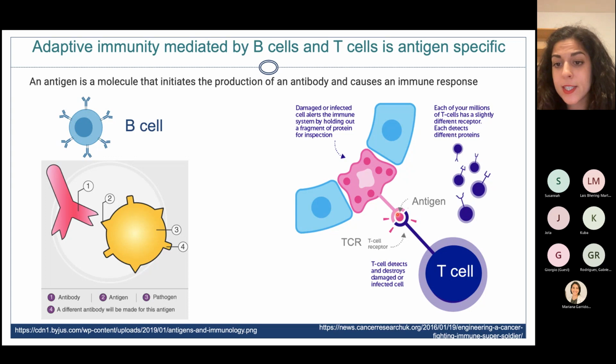And in this case, this specific antigen can also be sensed by the T cells that have the specific receptor called T cell receptor. So that's why we say that the adaptive immune response is highly specific, because these cells will only be effective towards a specific antigen.